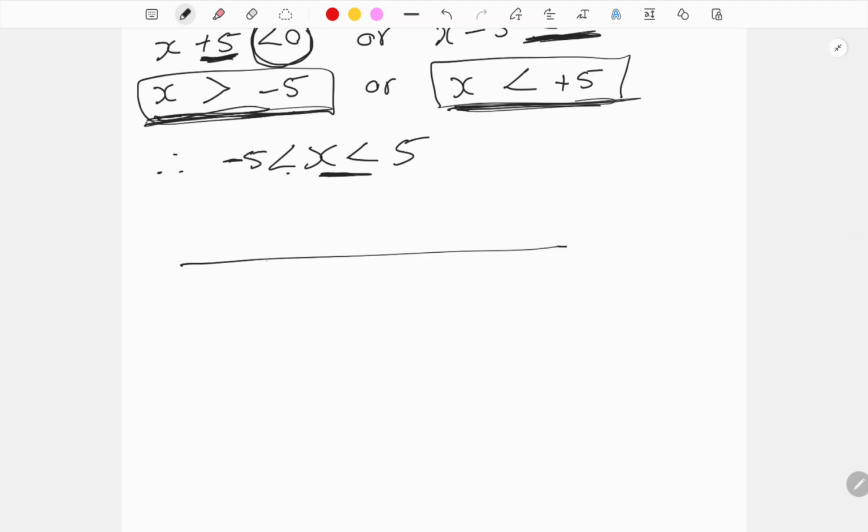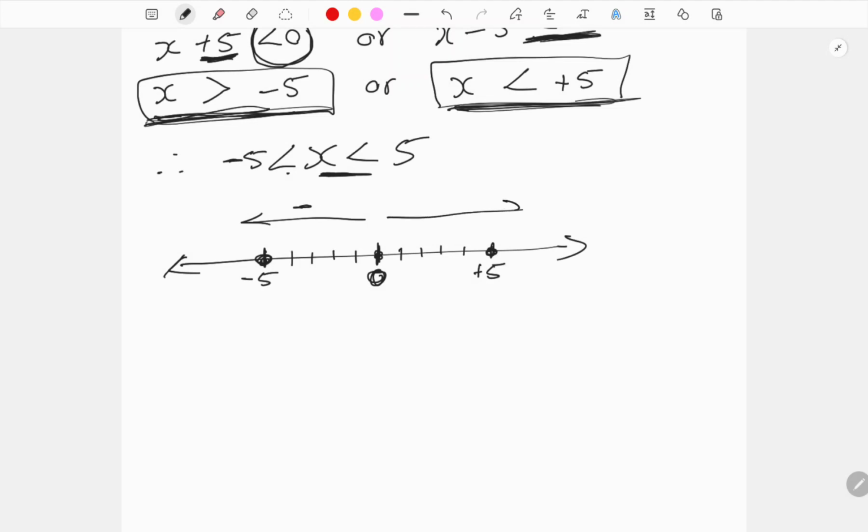So this is the number line. You can see here and here. This is the 0 point. When you are counting to the left, that direction, we are having 1, 2, 3, 4, 5 here. It's minus 5. We are having 1, 2, 3, 4, 5 here, positive 5.